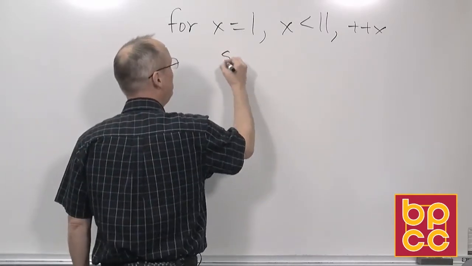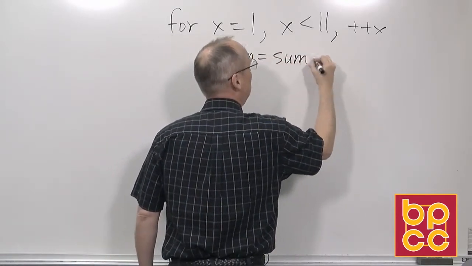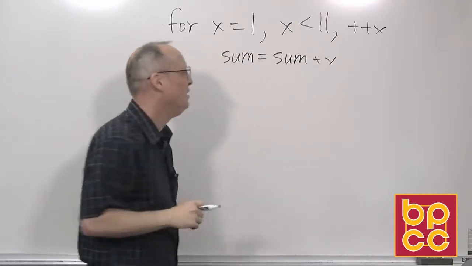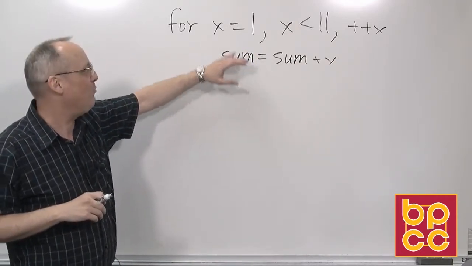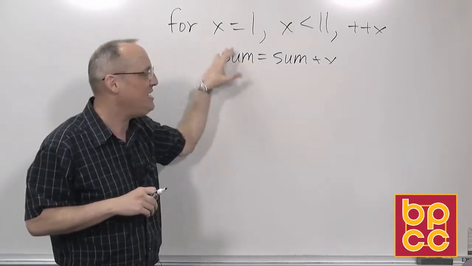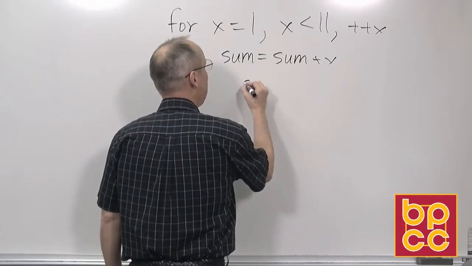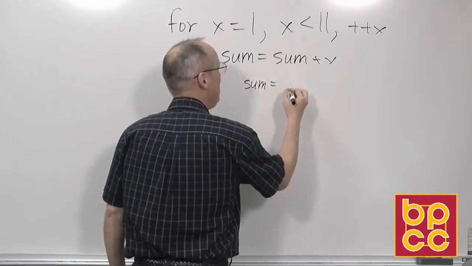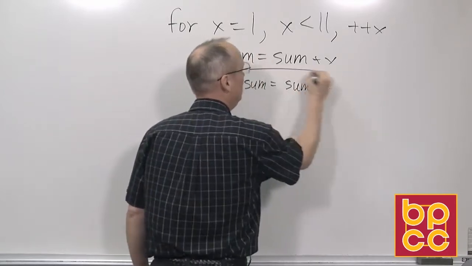Let's say, for instance, I do sum equals sum plus x. What this will do is it takes this variable named sum and it will add the value of x each time through. So the first time through, sum is equal to the present value of sum plus 1.